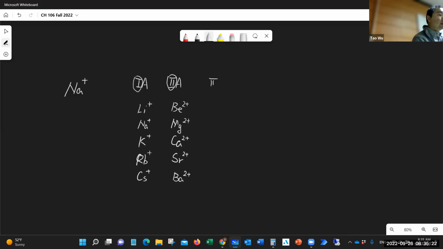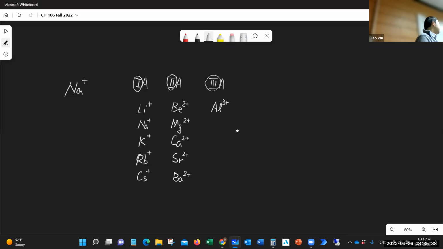In the 3A group, only one is more common, which is aluminum. Aluminum has a three positive charge, which is also equal to its group number.